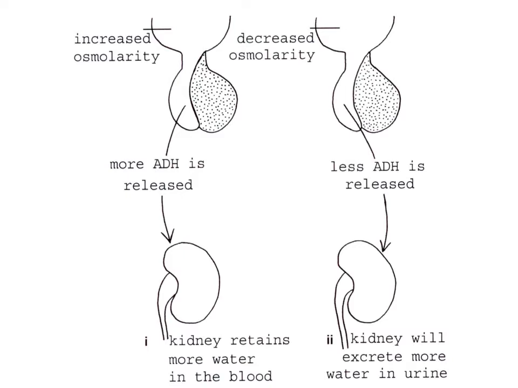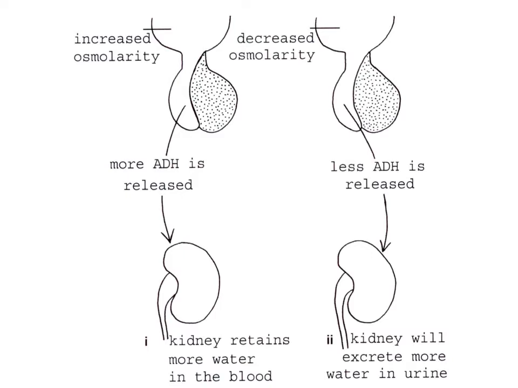So if we drink a lot, the osmolarity of the plasma will be decreased. Now, in this case, if there's too much water in the blood, the posterior lobe of the pituitary gland will respond by producing less antidiuretic hormone.